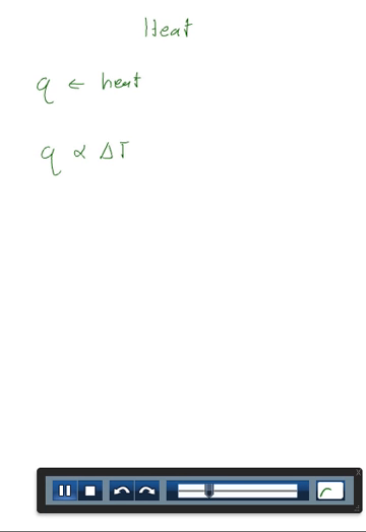If we add a lot of heat, the temperature change is larger. So we can express Q with an equal sign if we use a proportionality constant, which we'll call C, and C is called the heat capacity of the substance.